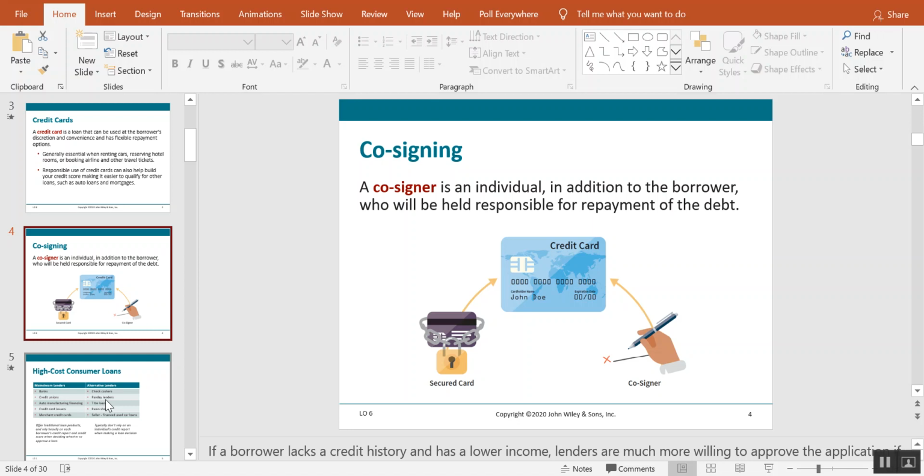This is often done when somebody's starting out and doesn't have any credit, but it can also be a way for a lender to loan you money if you really don't have much of a credit record. This can happen at any time, but a cosigner is an individual that basically guarantees repayment of the debt if the person who signs on the loan doesn't pay it back.